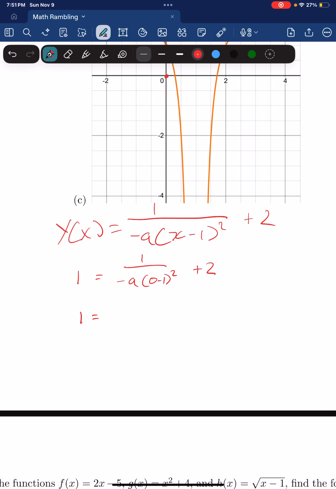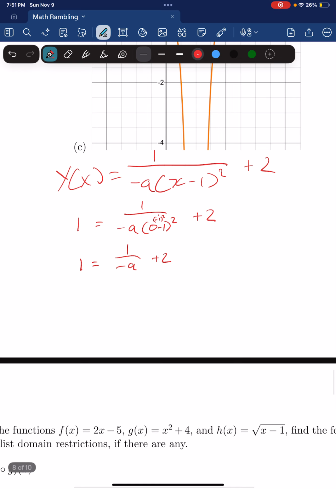So 0 minus 1 is negative 1, and negative 1 squared is just 1. So we get 1 over negative a plus 2 equals 1. Subtract 2 from both sides, we get negative 1 equals 1 over negative a. Let's multiply both sides by negative a, and we get a equals 1.